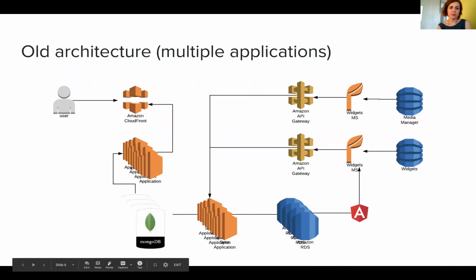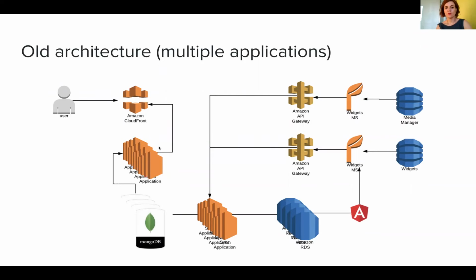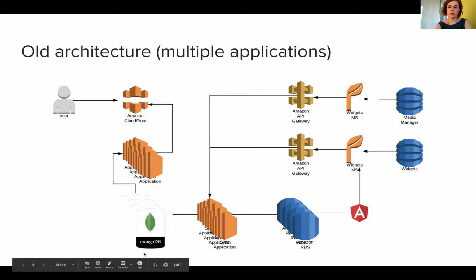And now the bad part is that we have multiple EC2 instances which are serving the application. So the first thing that we can notice is that we need to maintain multiple MongoDBs, and we need to have multiple sync applications. To make the problem even bigger, the sync process is happening once per hour.